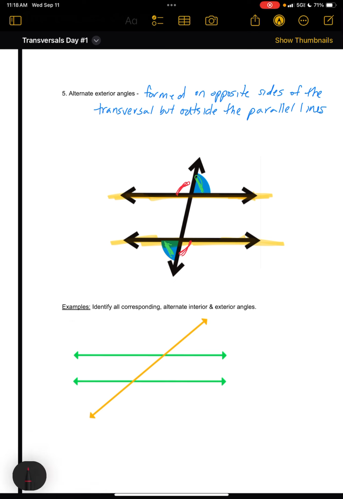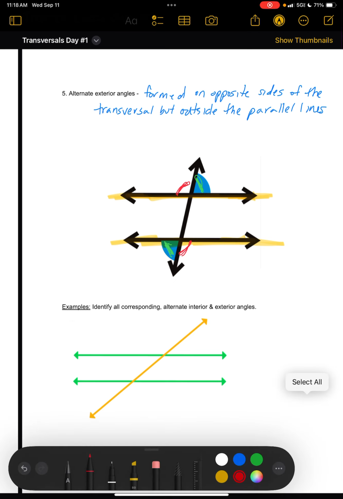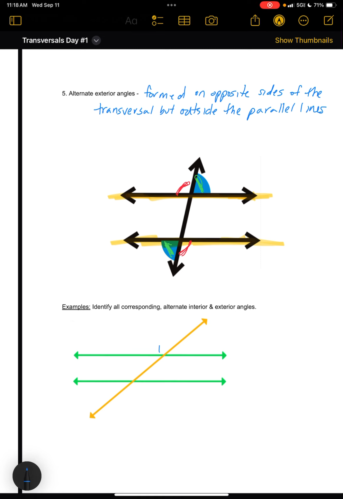Okay. Fine, we'll just do blue. All right, 1, 2, 3, 4, 5, 6, 7, 8. I have 8 angles, right?